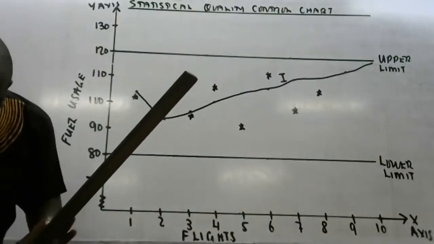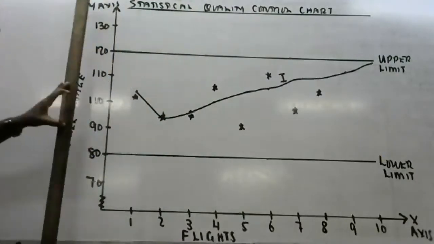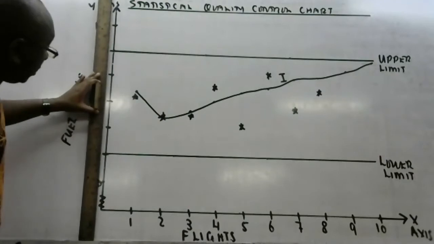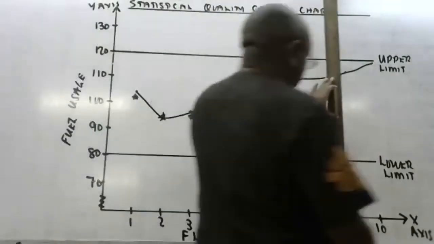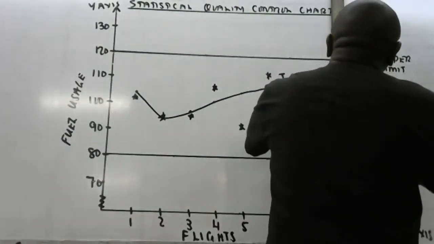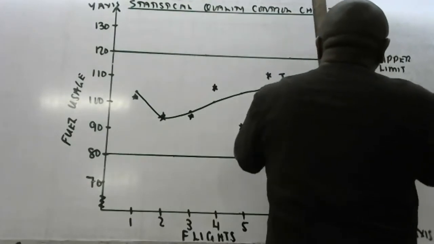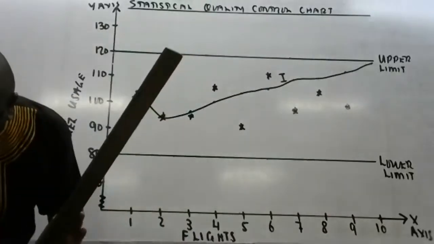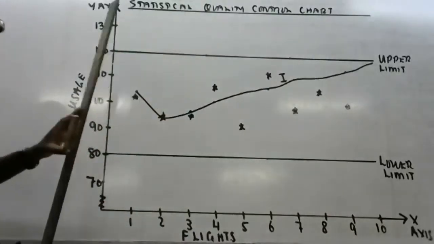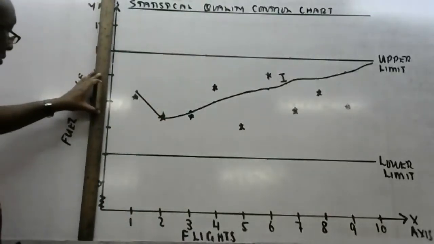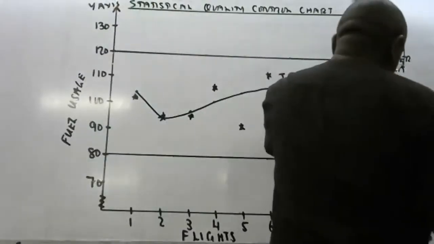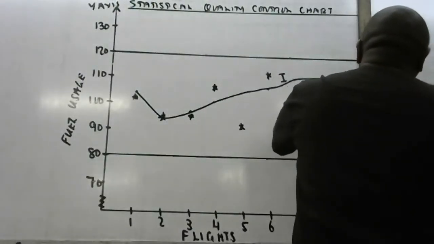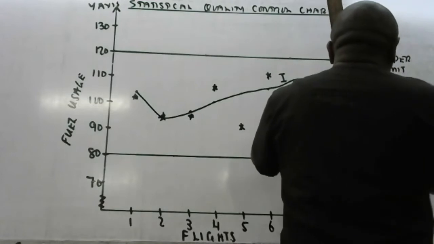Then 101. 101 is 50. So 101 is here. Then 93. 90 kwa 60. So 93 is here.